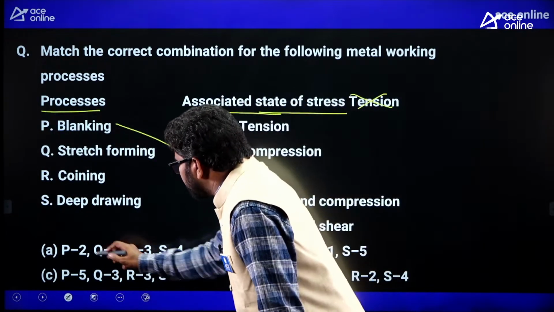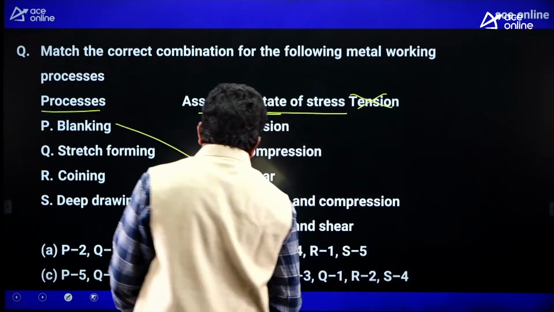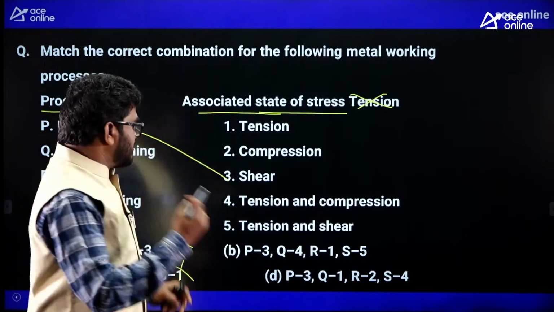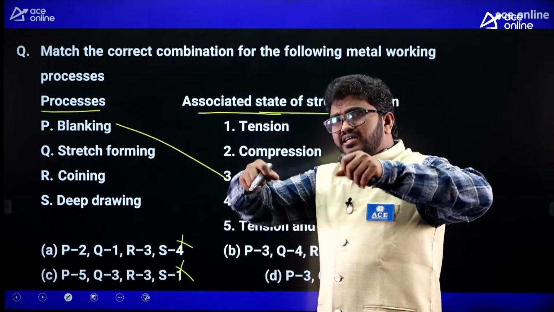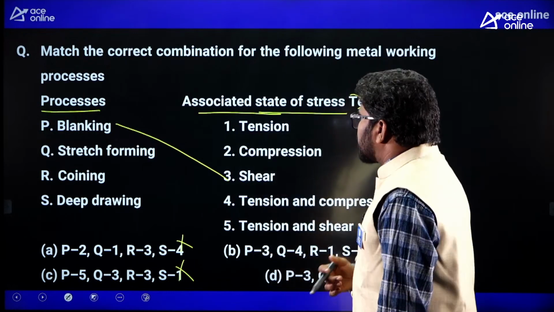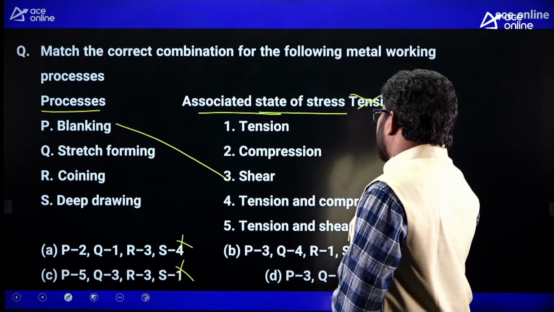See, P is 2 is given, so this is not correct. P is 5 is given, this is not correct. So P is 3, correct. So B and D are the answers. Next, check it. Stretch forming is nothing but bending the sheet metal like that, so tension is going to be formed, right? Stretch forming, tension.